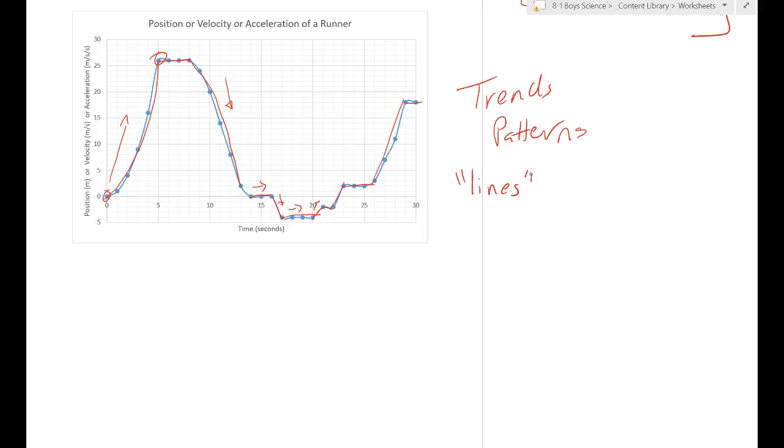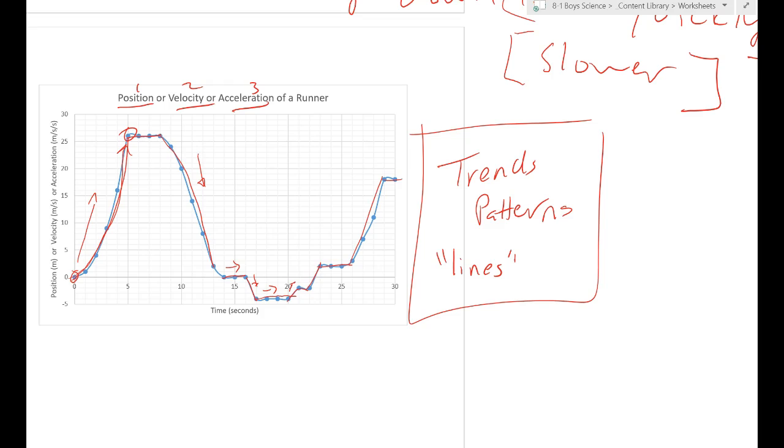So this one, I'm not going to go through and do every single little specific detail because this graph has 1, 2, 3 different graphs in it. So this would be another 30-minute video just to go through this one. But what I'm going to tell you is to look for the trends and the patterns. And when you're looking for those trends and the patterns, you might not be able to explain exactly how to go from 0 to 26 meters to create this curve, but you would be able to tell in general how to move from 0 to 26 meters.